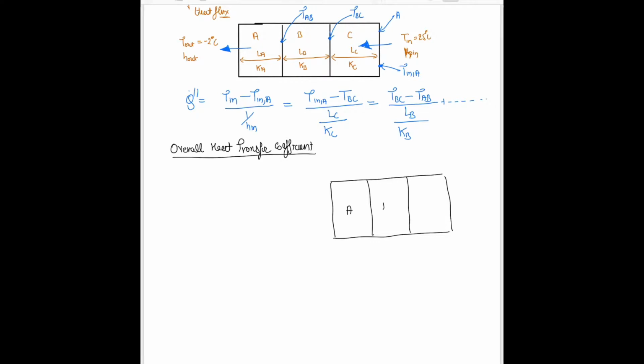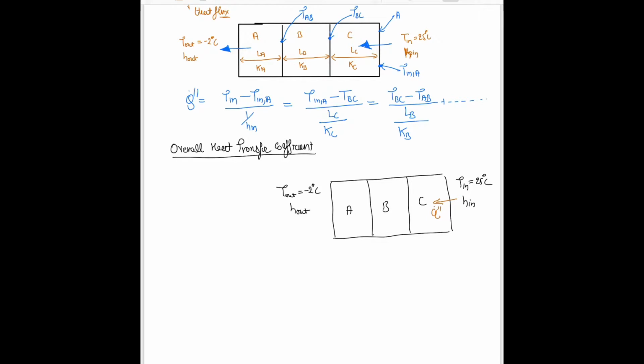This is A material, B material, C material. Here we have air at a temperature of T out equal to minus 2 degrees Celsius and heat transfer coefficient of H out, and T in at a temperature of 25 degrees Celsius and a heat transfer coefficient of H in.